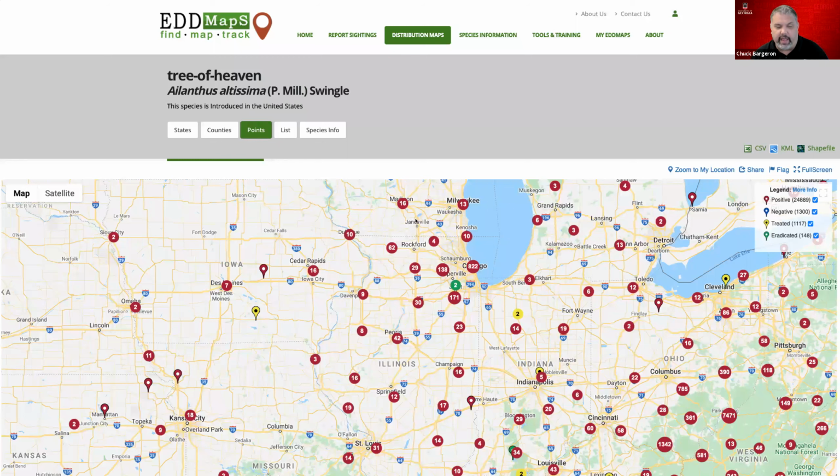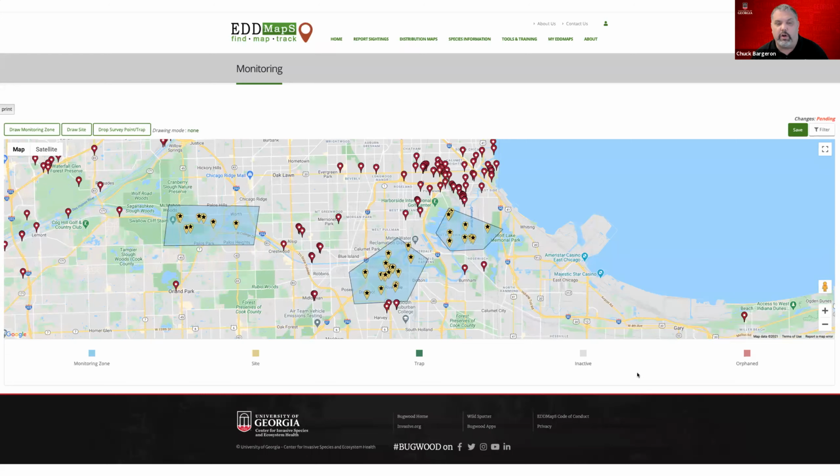And then, like I mentioned with Tree of Heaven, here's the point distribution map of Tree of Heaven, where you can see where the different populations are. We've been working with the Morton Arboretum in Chicago, and they've spent the last couple of years documenting where Tree of Heaven is in Illinois.